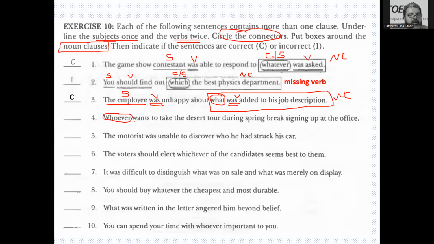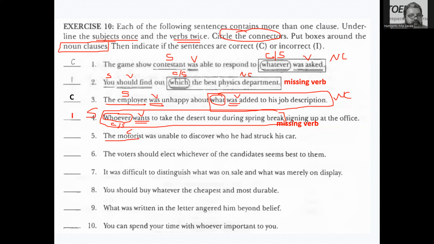Whoever wants to take the dessert tour during the spring break, okay, so I mean, all of this is the subject, but there's no verb here. This is the connector subject for once. The whole noun clause is here, but there is no verb after that, so that's the problem. We're missing a verb.